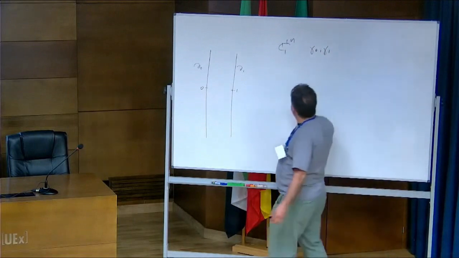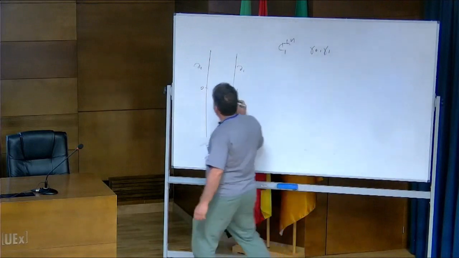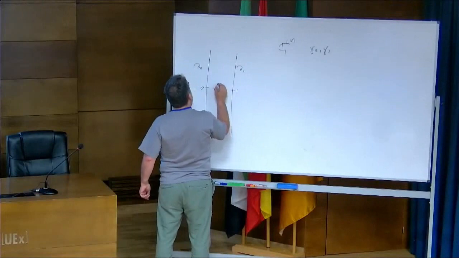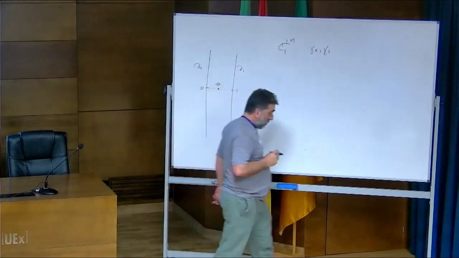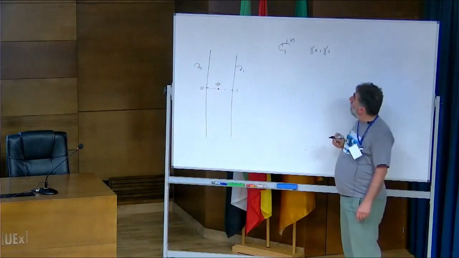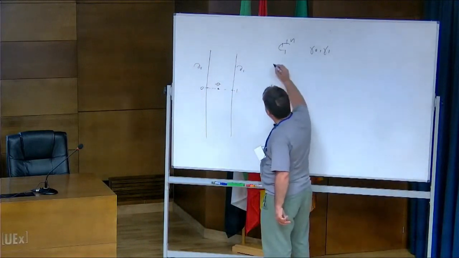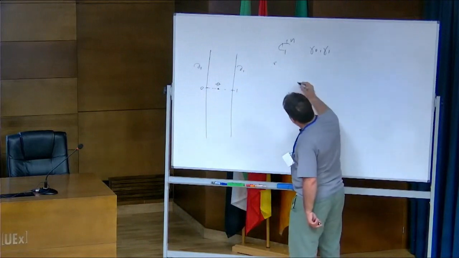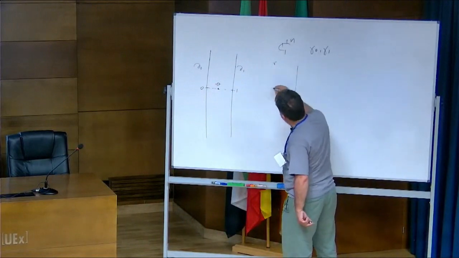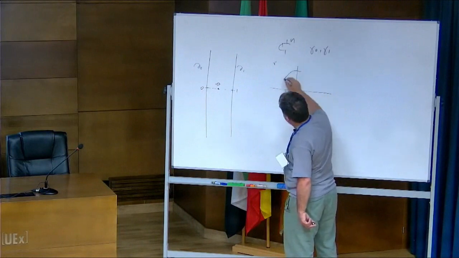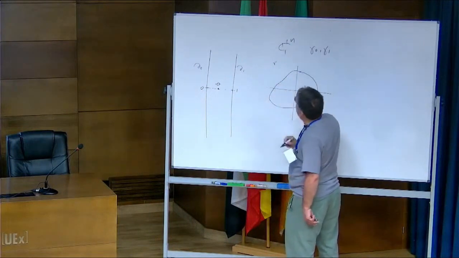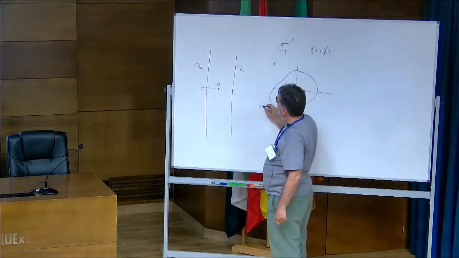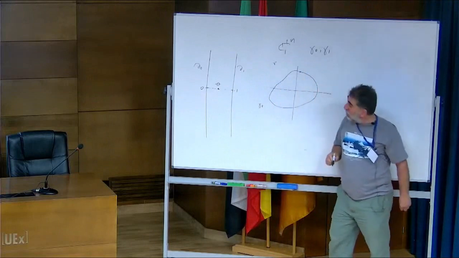The point is the following. So let me fix some theta here, and a radius r, and assume this is the ball of this radius for the gamma 0.